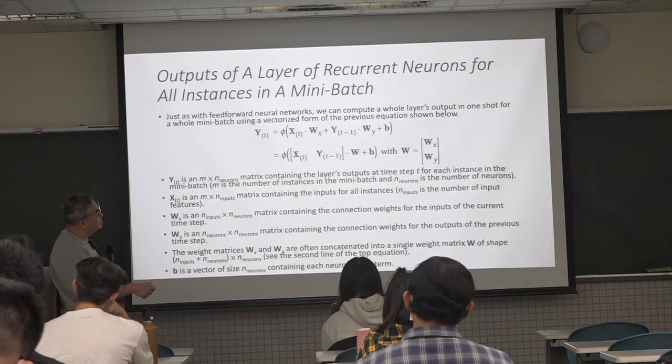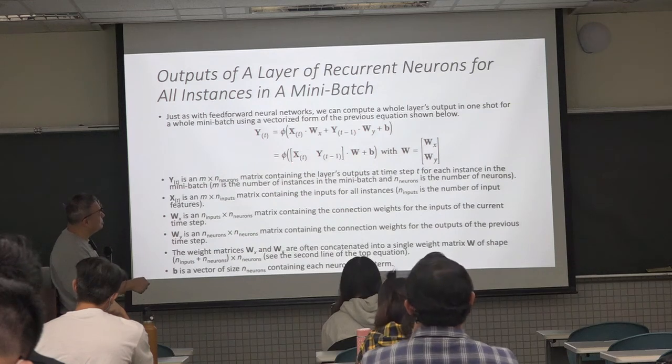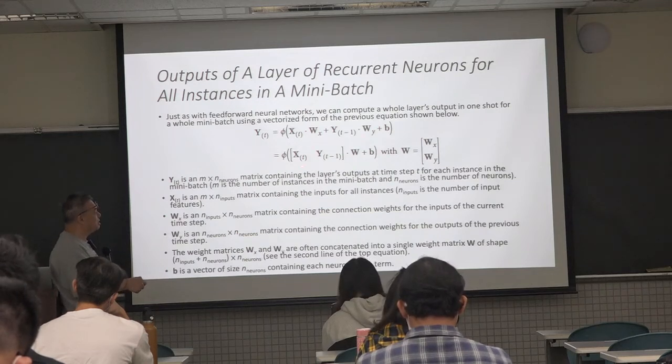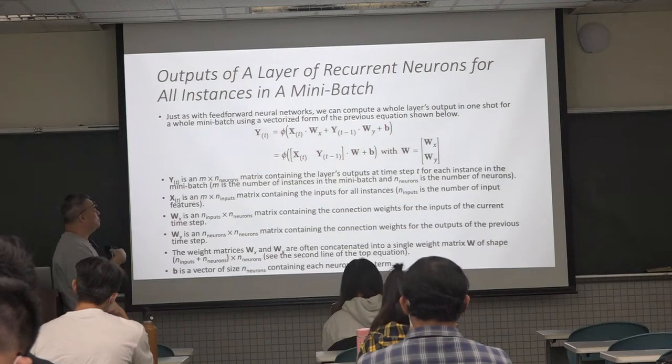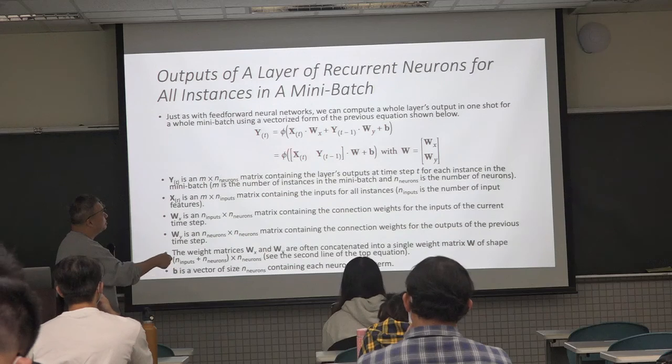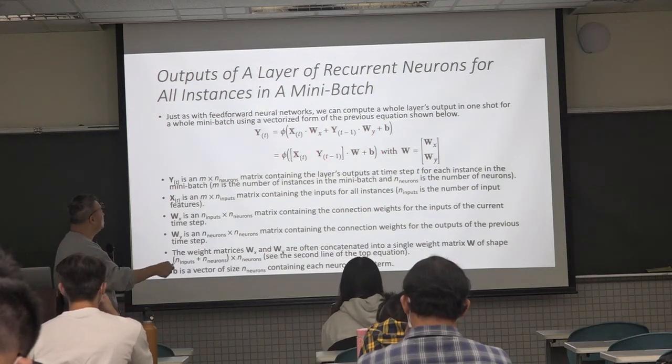So you can imagine this thing times this w is going to come back to this shape, right? So this is just a different, more concise way to write this formula. There's really nothing different from the previous one.